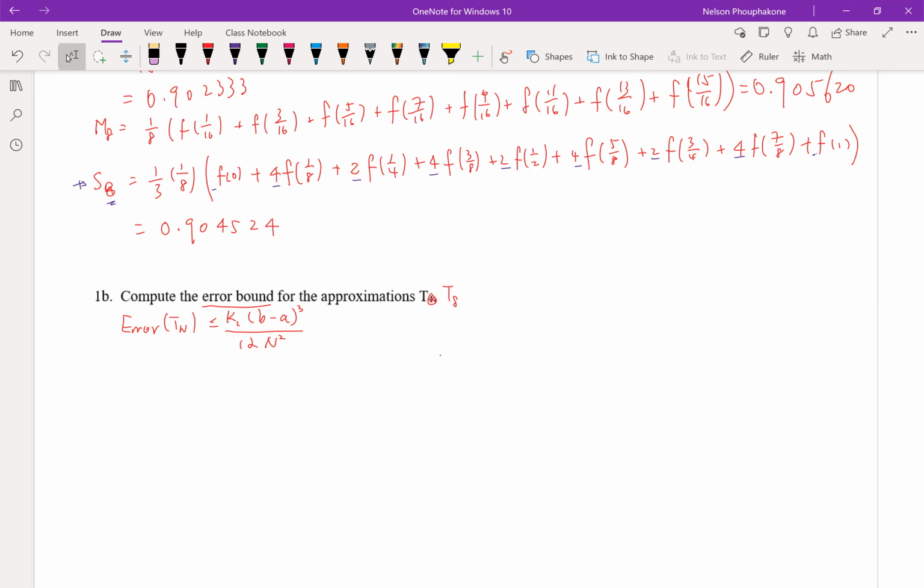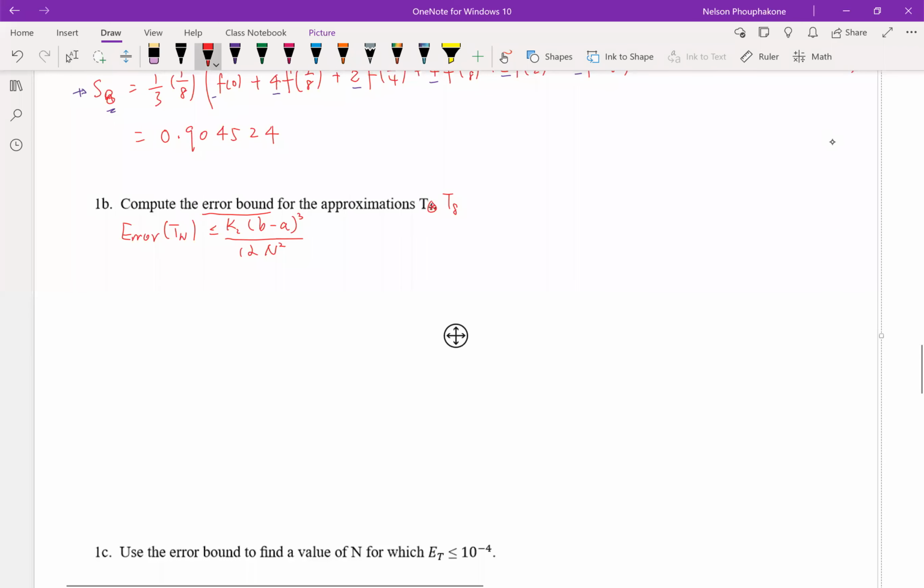And now let's see how we actually find K sub 2. So remember, K sub 2 is the maximum value of the f double prime of x, right?